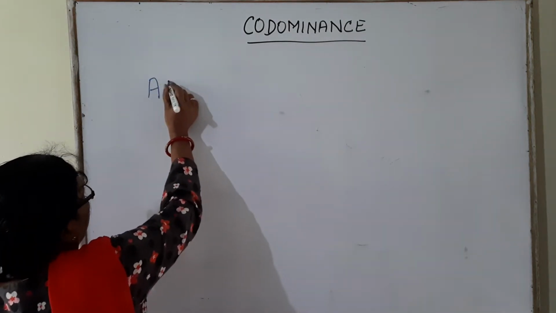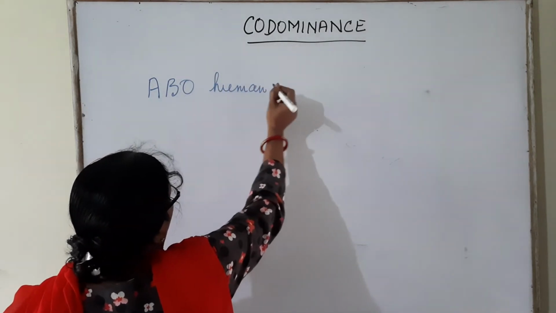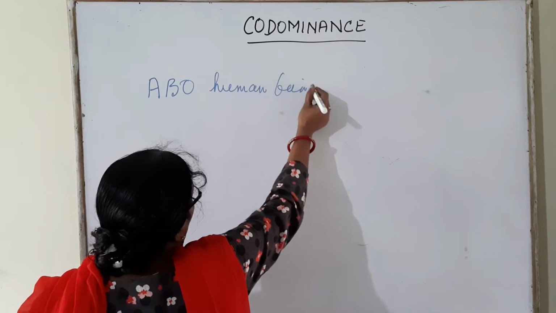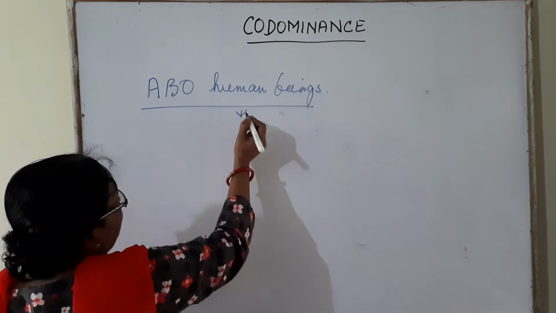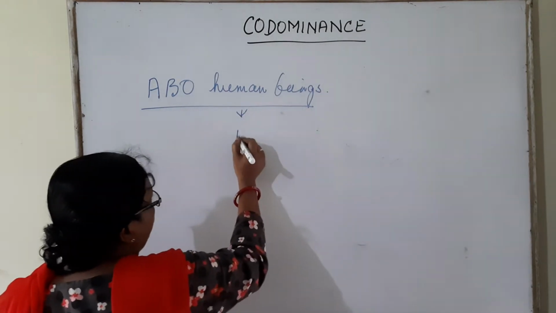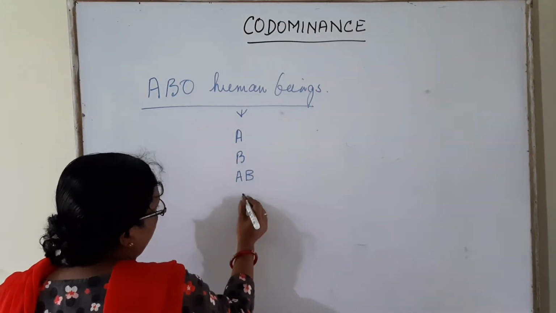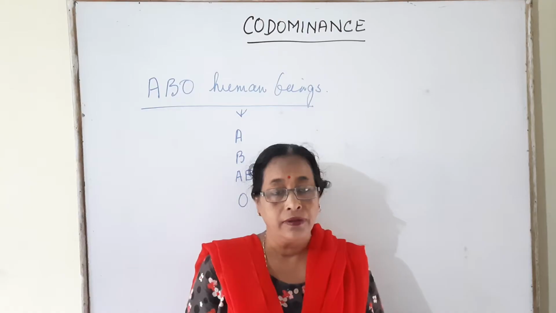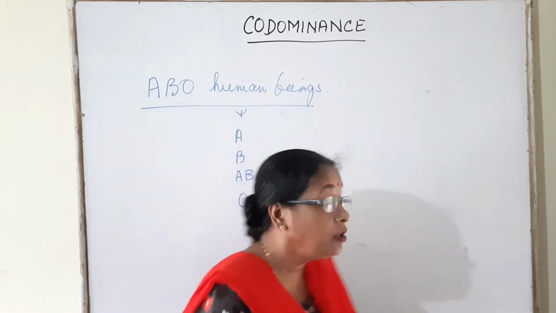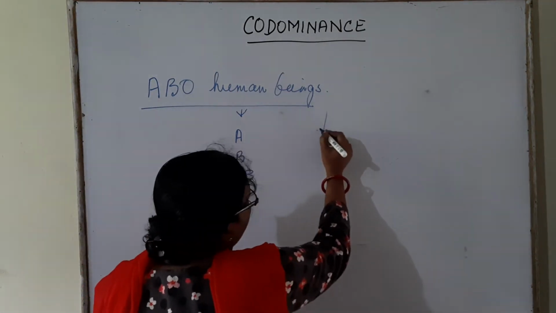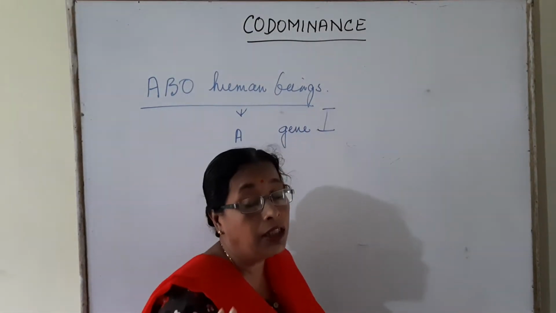Human beings have 4 different types of blood group, that is A, B, AB and O. The blood group character is controlled by gene I, which is present in 3 allelic forms.